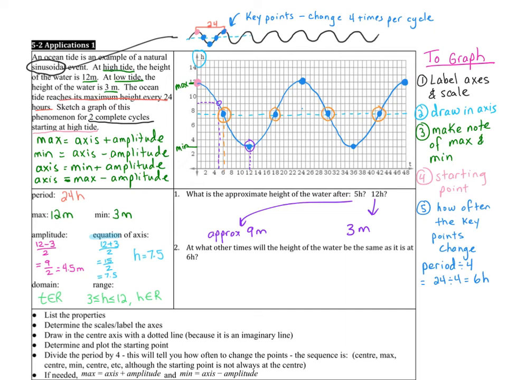Normally points repeat every cycle, but in this case, you're on the axis twice a cycle. You're at the maximum only once per cycle, and you're at the minimum only once per cycle, but you're on the axis twice per cycle. So in this case, you're on the axis at 6 hours, and then 18 hours, and then 30 hours, and then 42 hours. So you can write it like this.